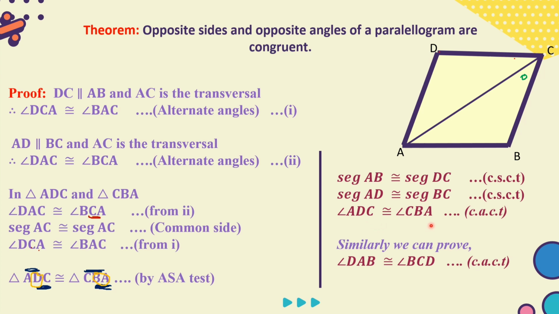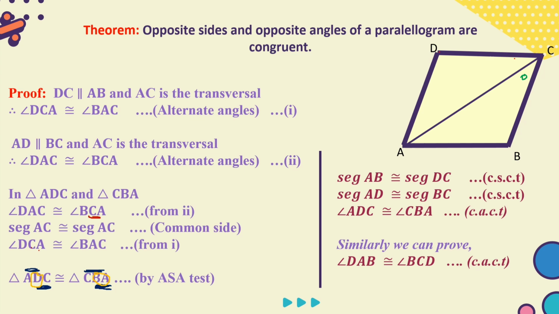And angle ADC is congruent to angle CBA. Similarly, we can prove DAB is congruent to BCD by taking BD as a diagonal and showing triangle DAB is congruent to triangle BCD. We need not write that, but we can show it that way.